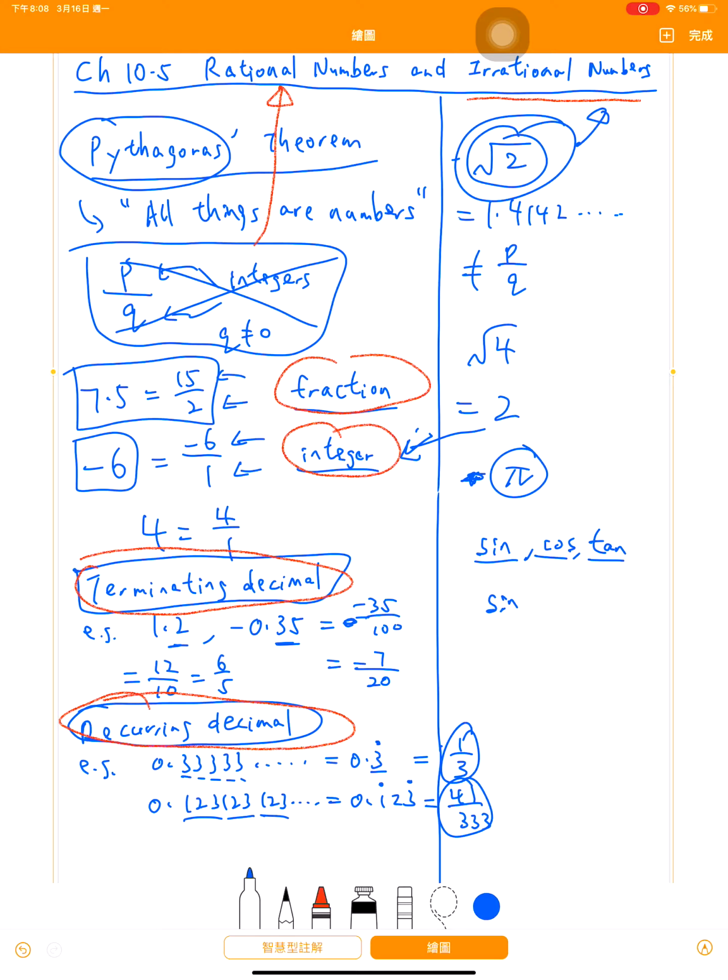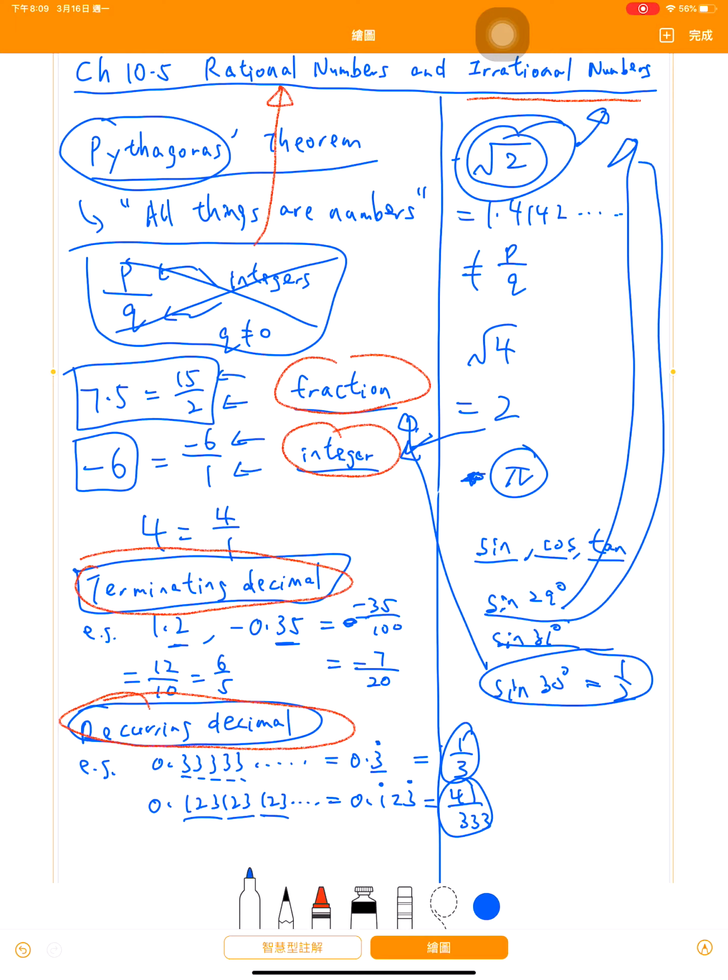For example, sine 29 degree and sine 31 degree are all irrational. But some values are rational. For example, sine 30 degree is in fact 1/2, and we know that 1/2 is a fraction, so it is rational. But these two cannot change to a fraction, so they are irrational. So just remember the third form and pi, mainly these two, and later on you will learn these three.